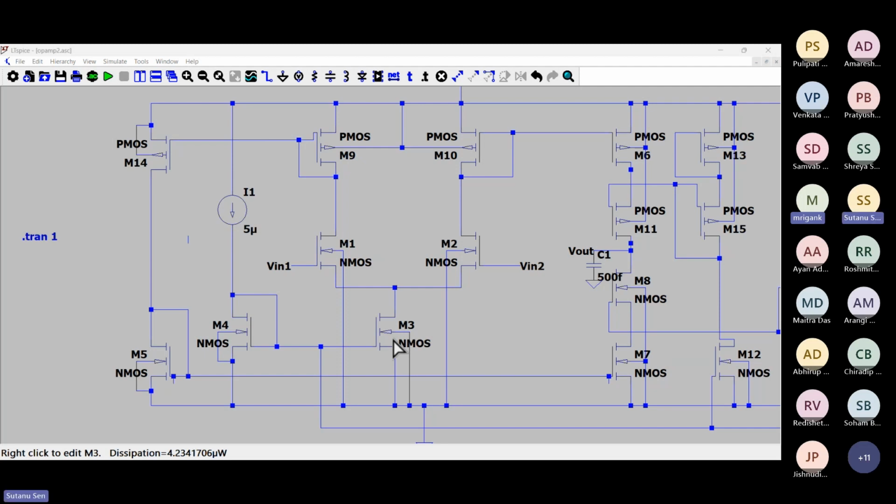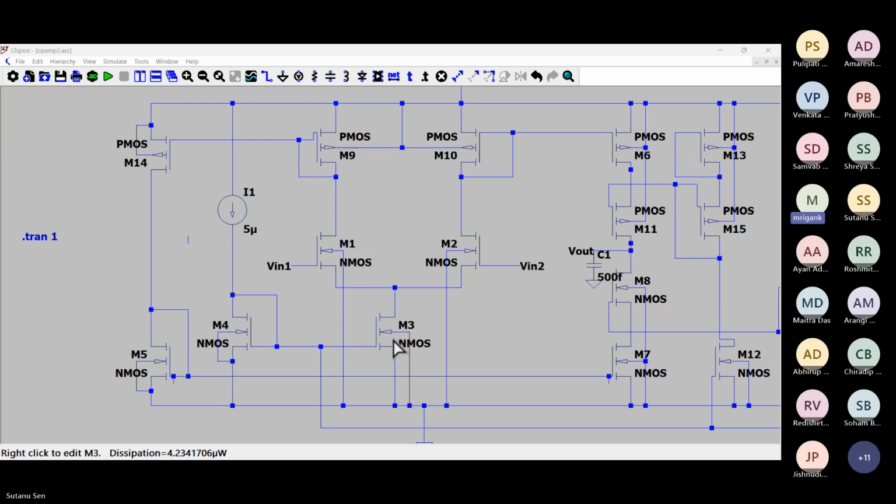In this case, at least the DC behavior should have been correct. AC behavior is coming correct. From the DC point of view, we are seeing that the M9 and M10 currents are getting skewed. That is not expected. Generally, in this circuit, we don't expect this kind of strong skew. One of the reasons is that the two sides, the M14, M5 side, have very different loading effects. M14 has just a directly connected M5, whereas M6 has a high impedance load.